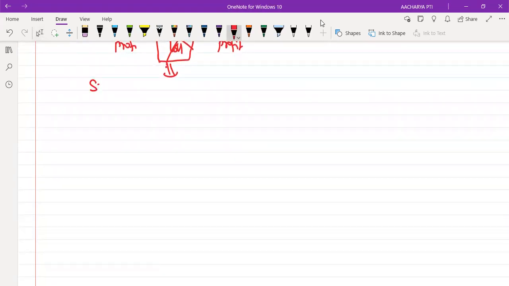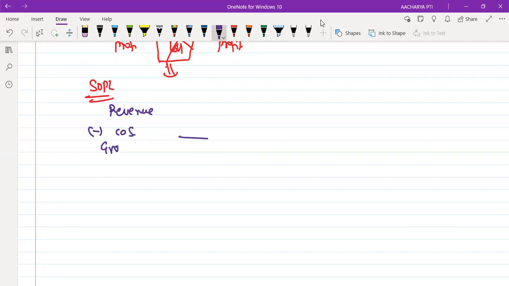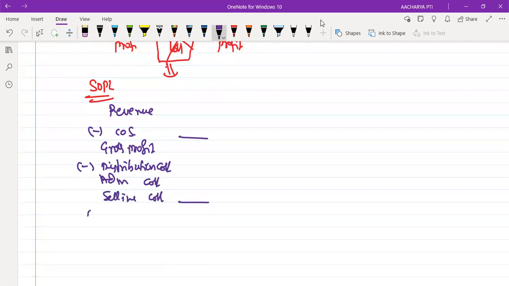Coming to the statement of profit and loss, first we consider revenue. Then we reduce cost of sales, then we have gross profit. Then we reduce distribution cost, administration cost and selling cost, and we have operating profit.